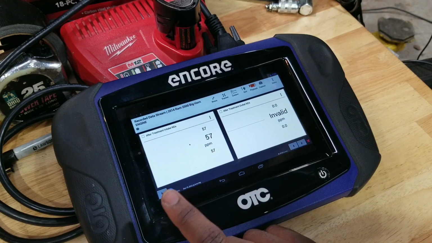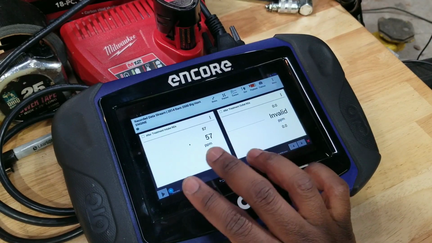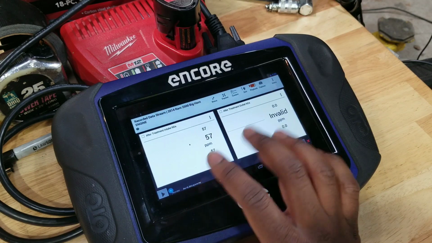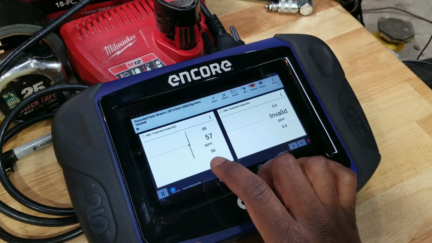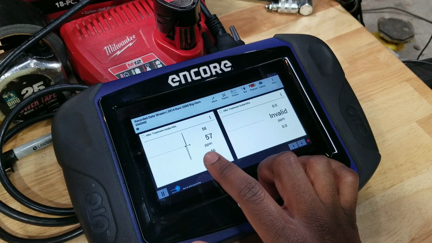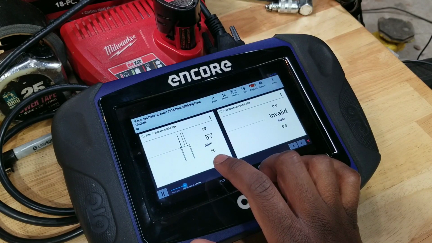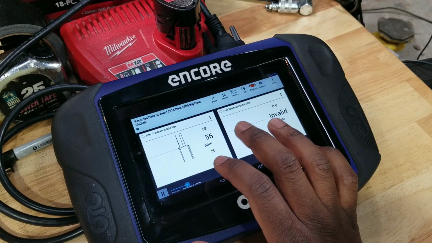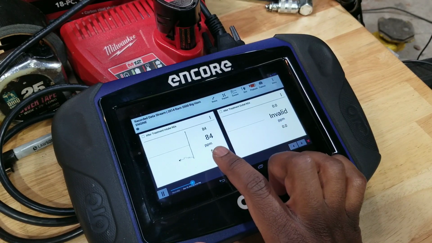So when I press play, you'll see I recorded this. I'm in playback mode. Right now, as I was driving, the engine was putting out roughly 58 parts per million. And anytime I started to hit a hill, the amount starts to jump pretty high.